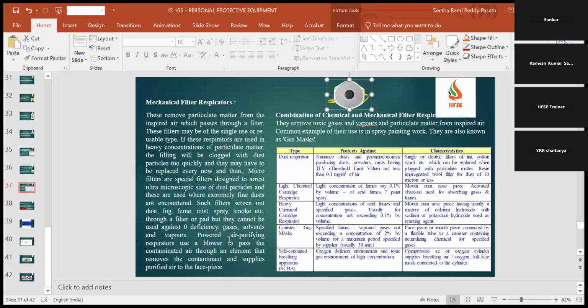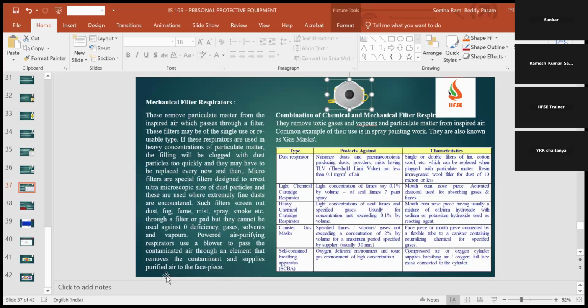And also the powered air respirators use a blower to pass the contaminated air through the element that removes the contaminants, and supply the purified air through the face piece. Only the exhaled air goes to the atmosphere again.